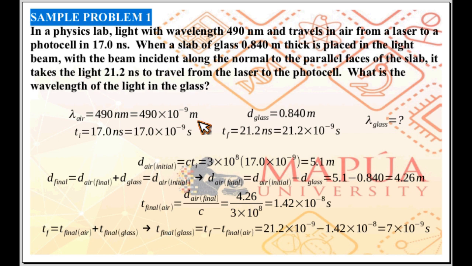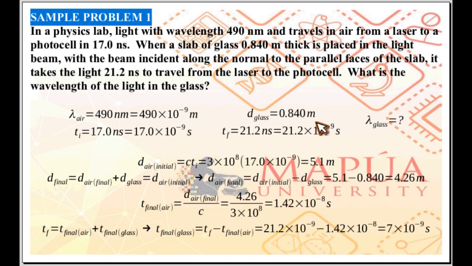And the time of travel of light in air in this initial situation is 17 nanoseconds. So let this be initial time Ti, 17 times 10 to the negative 9 seconds. The thickness of this slab of glass, let that be D glass, 0.84 meters.